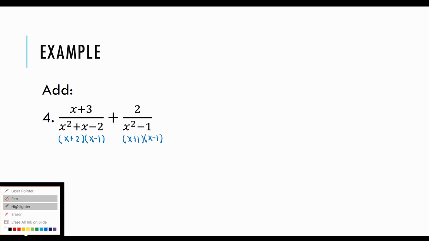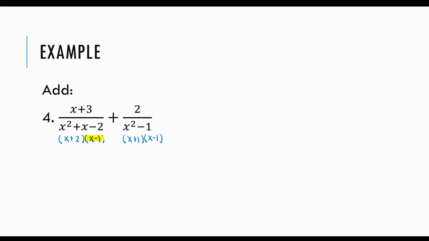Notice that in these two denominators, they share something in common. When they both have something in common, that's going to be a part of the least common denominator. You need to take the higher exponent. Well, they happen to have the same exponent. They're both technically just raised to the first power. But if one was raised to the second power, you take the degree 2 over the degree 1.